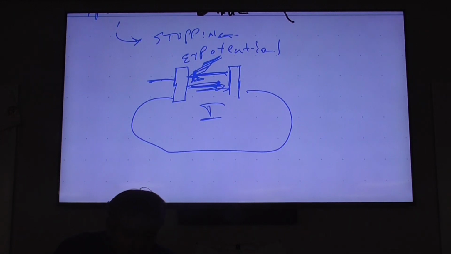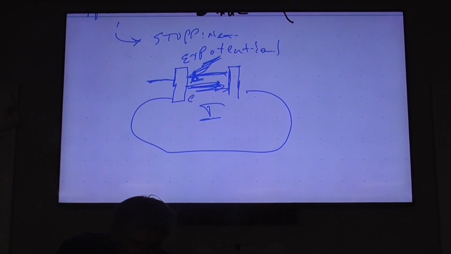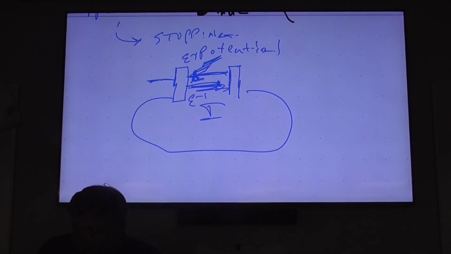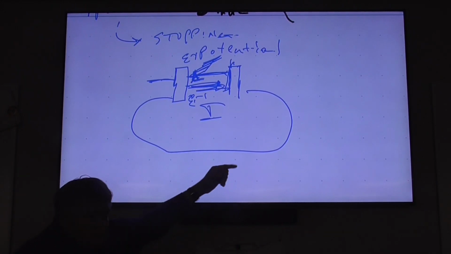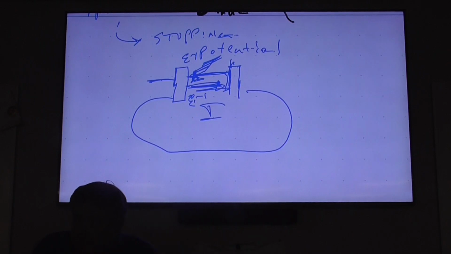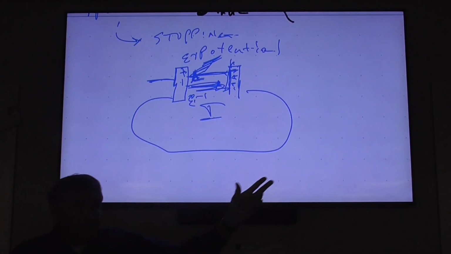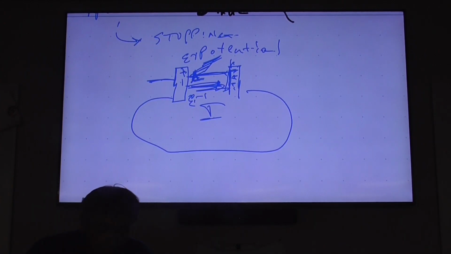So, if these are negatively charged particles, which they are, and we want to stop them, do we want to make the plate that they're going towards negatively charged or positively charged? Negatively charged. And if that side is going to be negatively charged, the other side by default has to be positively charged.